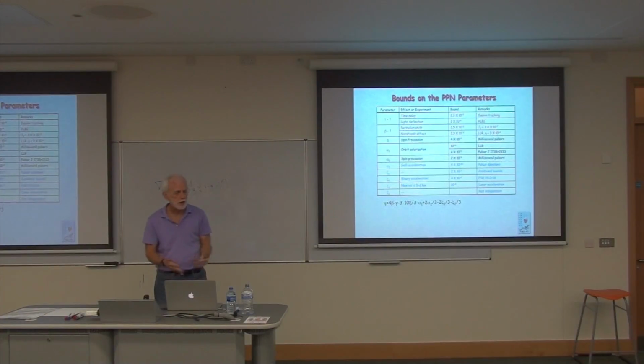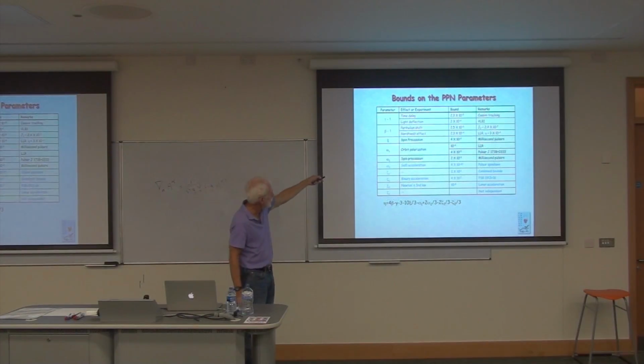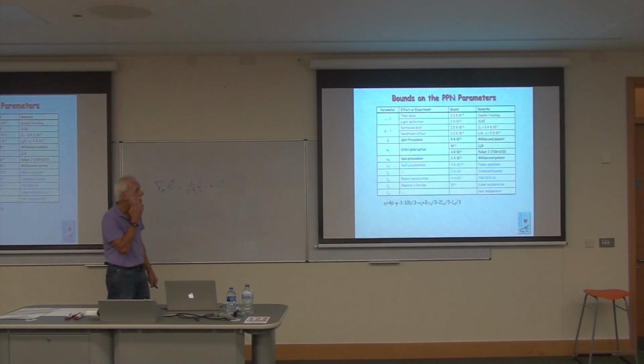Again, every metric theory obeys local Lorentz invariance, but if you have gravitational systems that are moving relative to some preferred frame, there can be observable effects in various theories that can be measured, but all the evidence says there are no such effects, down to various levels of accuracy. Some using millisecond pulsar data, some using lunar laser ranging, and so on, but these all show that these parameters vanish to various accuracies in agreement with general relativity.